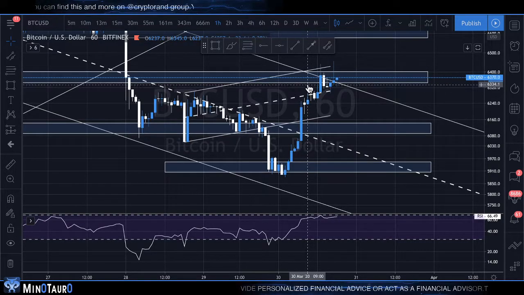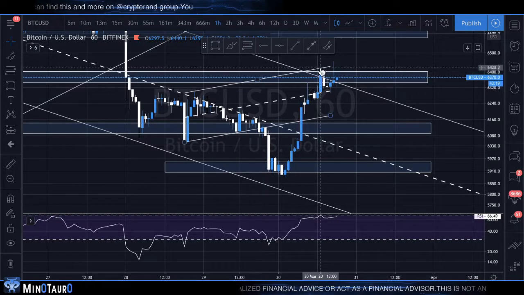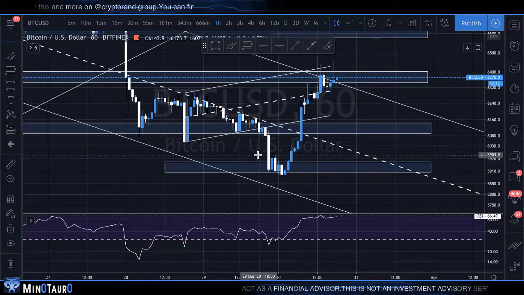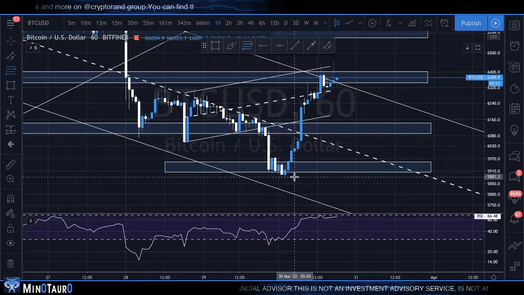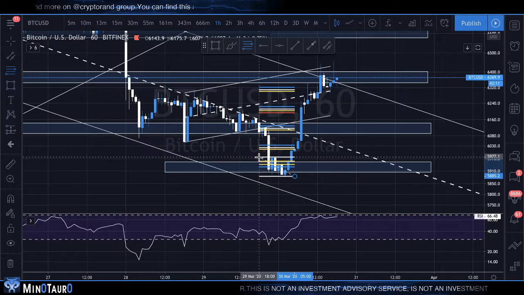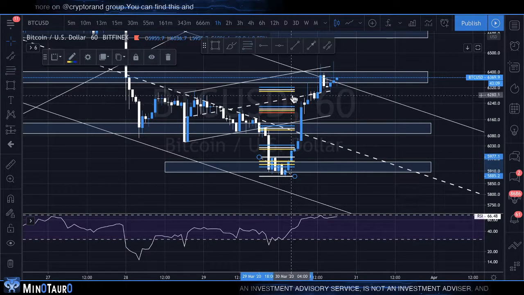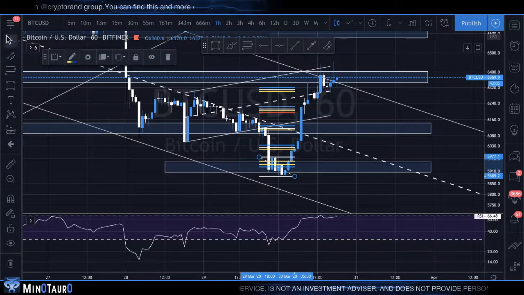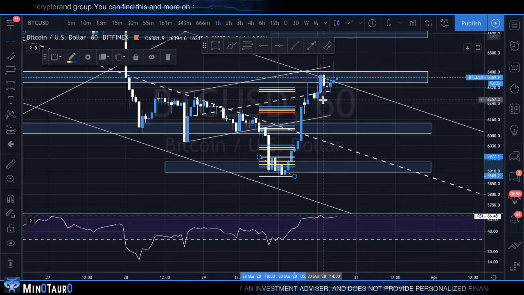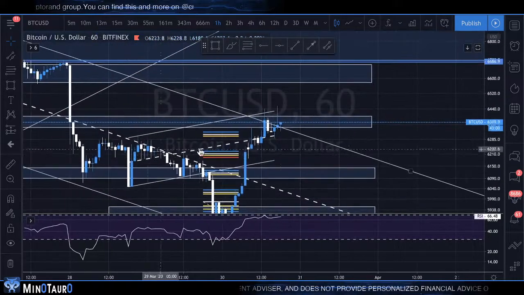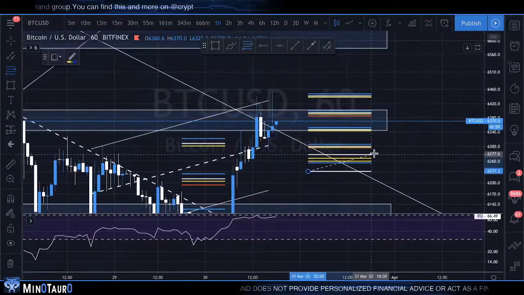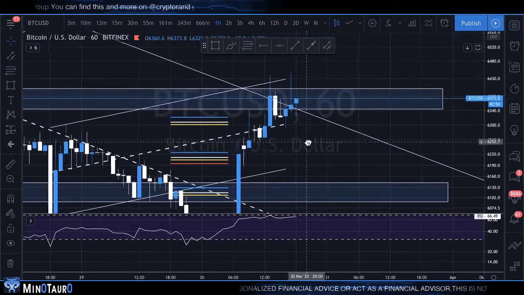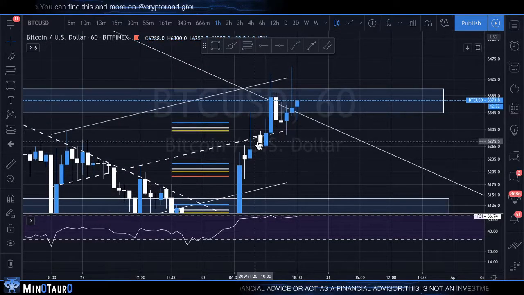So full run plus a quarter. 461 plus a quarter. Just check this. This is the quarter.